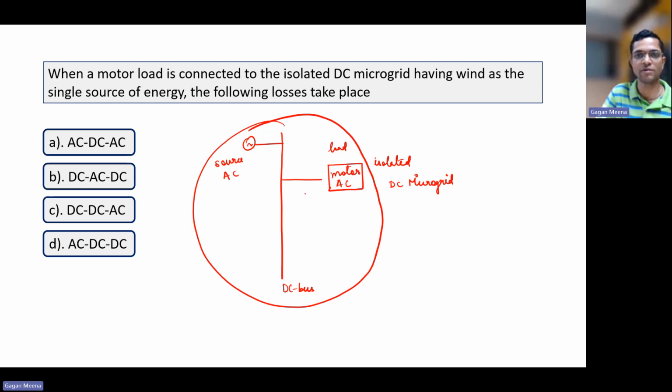This AC motor is connected to a DC bus via an AC-DC converter. The source is AC, and because it is connected to the DC bus, it will be connected via an AC-DC converter.